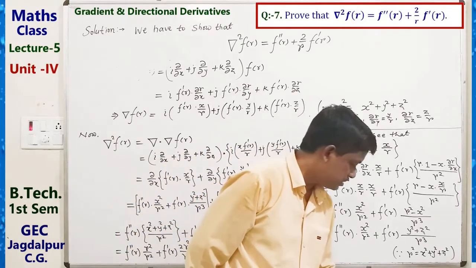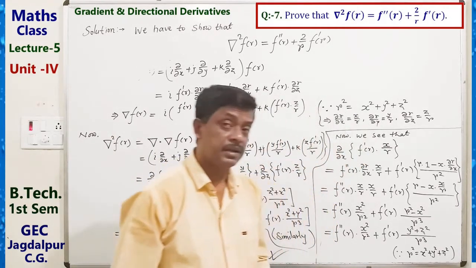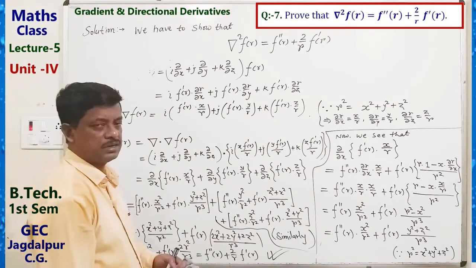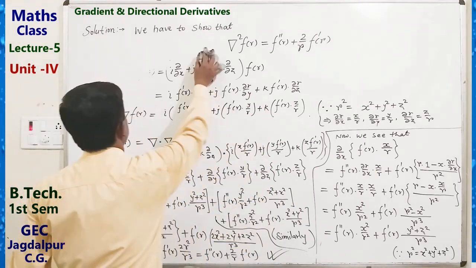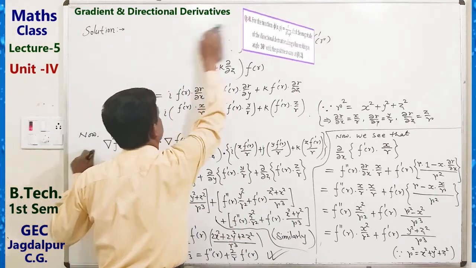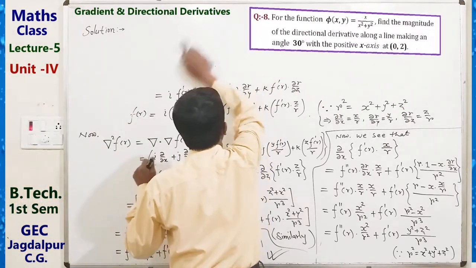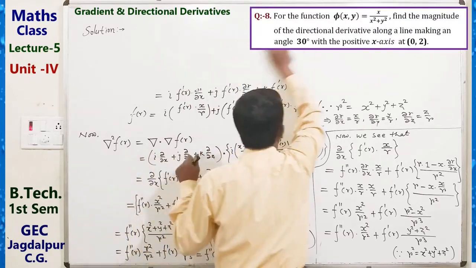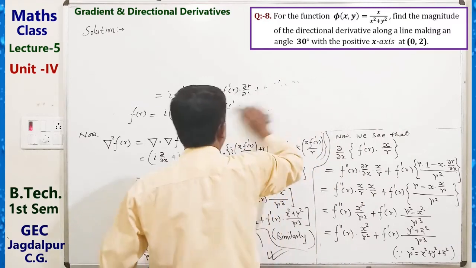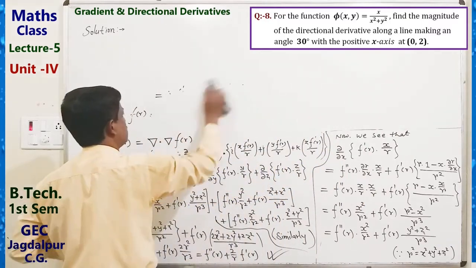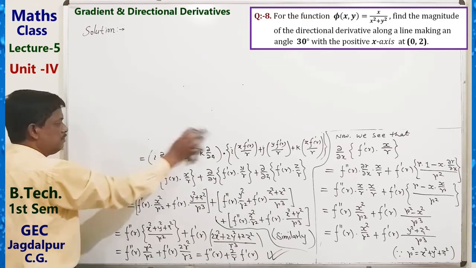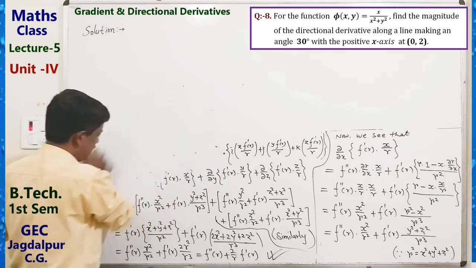Here the function is given in x and y, not z, so we can consider finding the direction a cap in a 2-dimensional figure. First we have to find the direction, and then the directional derivative: gradient phi dot a cap.